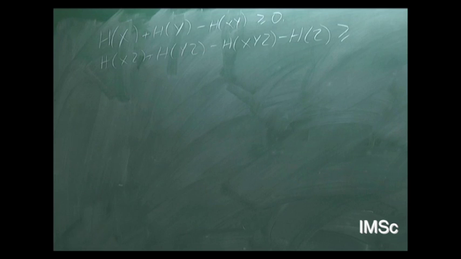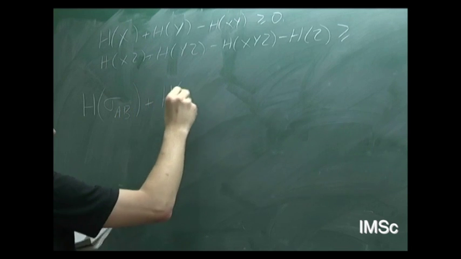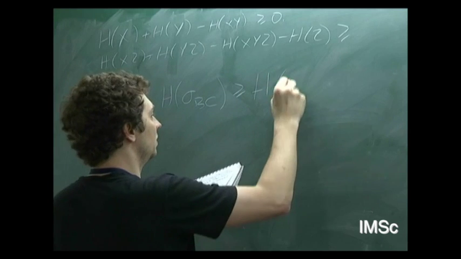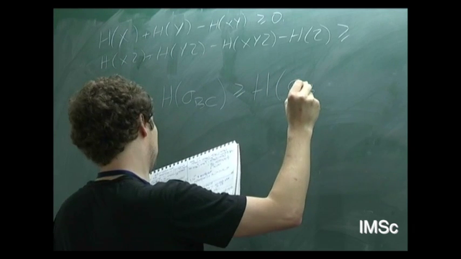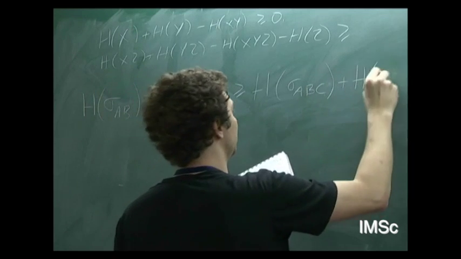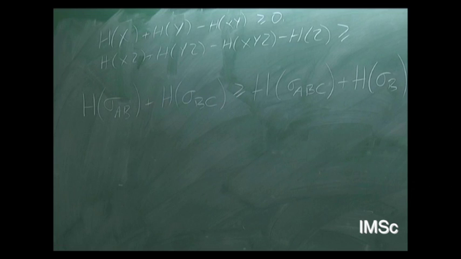Okay, so we're going to apply this rule to this state sigma ABC. And specifically, we're going to write it in this form. Entropy of sigma AB plus entropy of sigma BC is bigger than or equal to entropy of sigma ABC plus entropy of sigma B. Let me make sure.